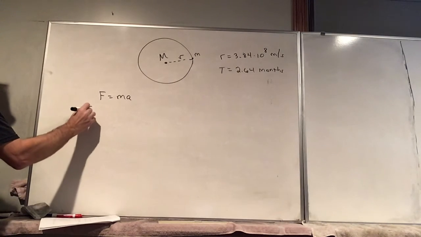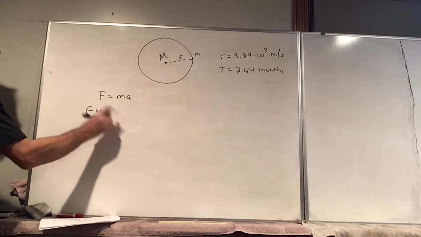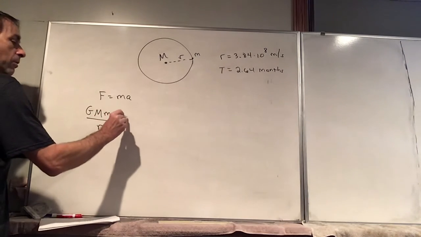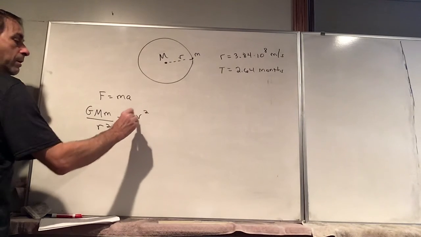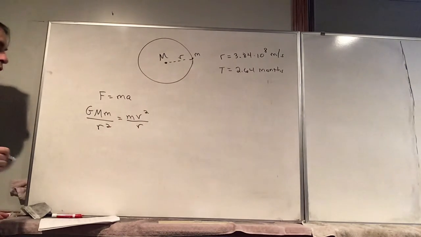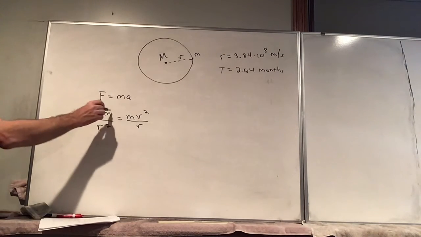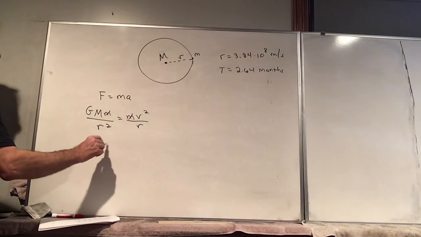The force is Newton's law, G, capital M, lowercase m, divided by r squared. And that's equal to the acceleration, which is v squared over r. And so we can simplify this a little bit. Let's divide by m and multiply by r squared.